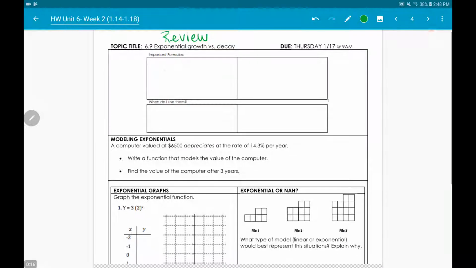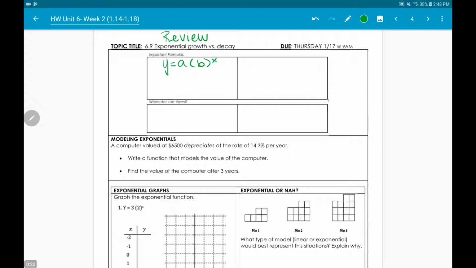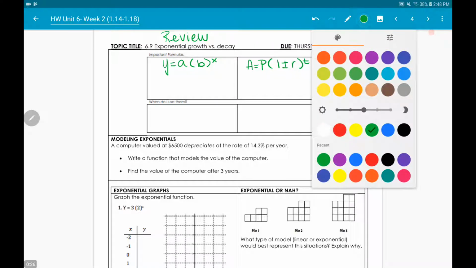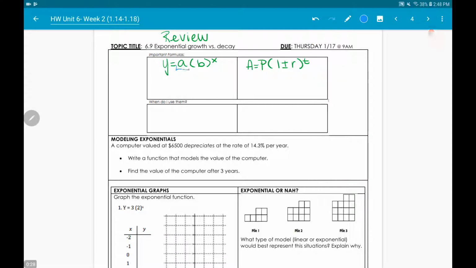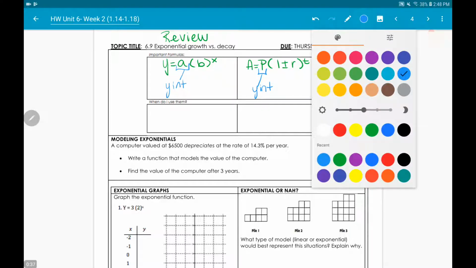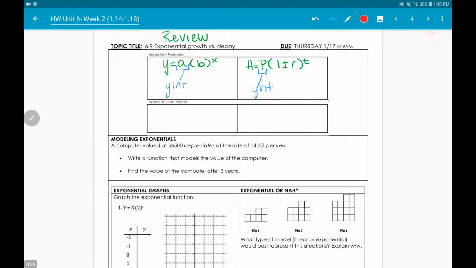So the two important formulas we learned this unit are y equals ab to the x and A equals P(1 plus or minus r) raised to the t power. In both of these, we have a y-intercept, or some starting value, and we also have a multiplier.